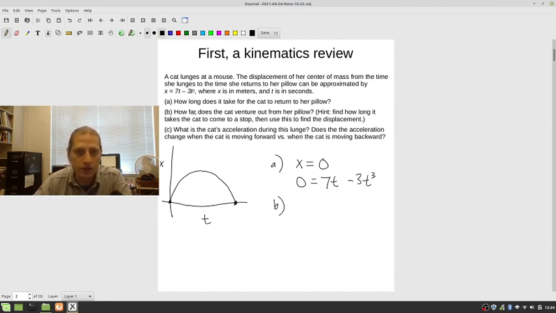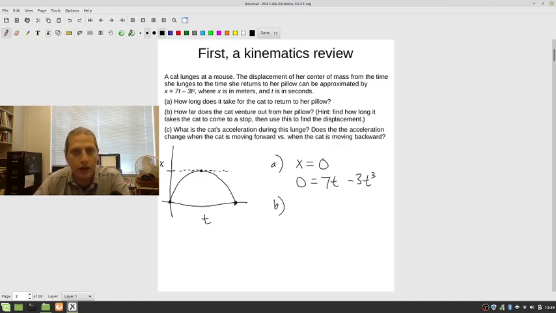Now the second question I ask you is, how far does the cat venture out from her pillow? So again, looking at the picture, here's the plot, here's the cat going forward and then coming back. And the farthest out that she gets is going to be right there. And I give you the hint, find how long it takes for the cat to stop. So the idea there is that when the cat turns around, the slope of this, or the velocity, will be 0.